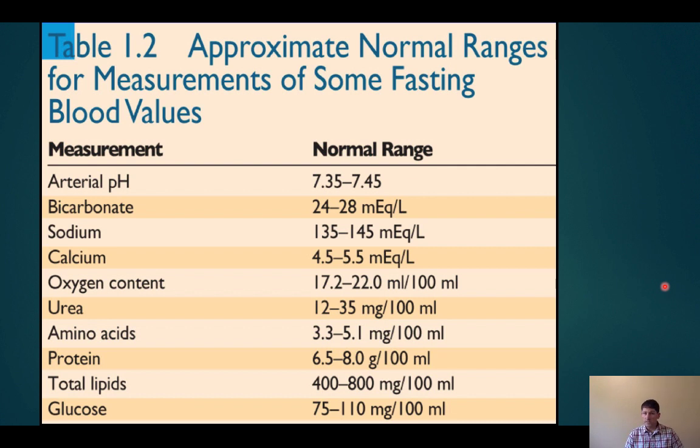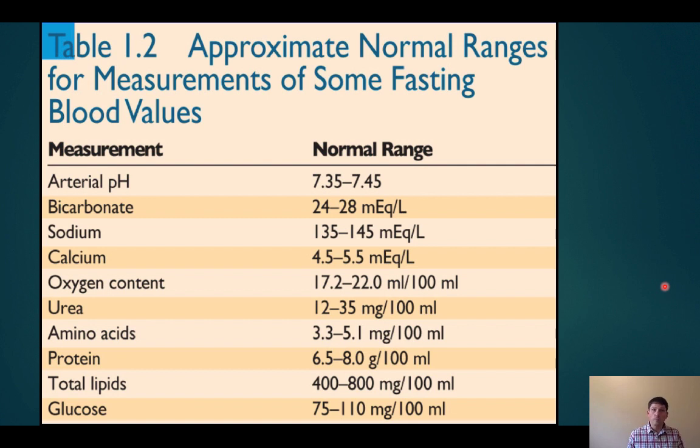You don't need to memorize these numbers. This is just some examples to show you normal ranges for fasting blood values. If you've ever had your blood drawn or had to get a panel, you usually wake up super early in the morning, you haven't eaten all night, you're fasting for 8 or 12 hours, and then they draw a bunch of blood and look at all these levels to see where you're at.